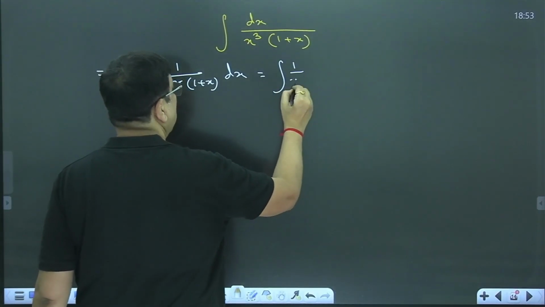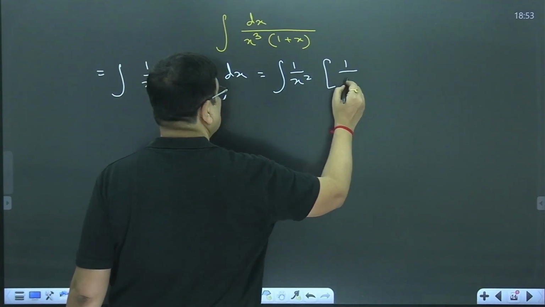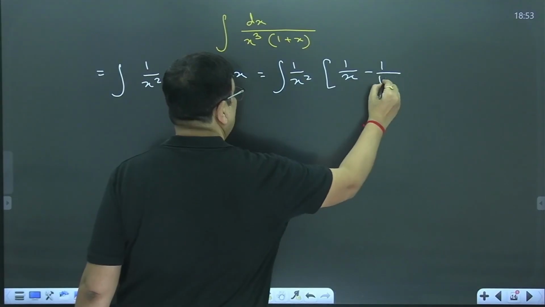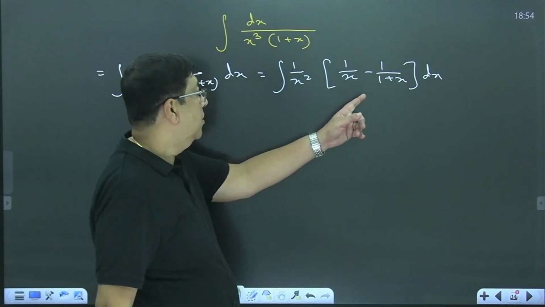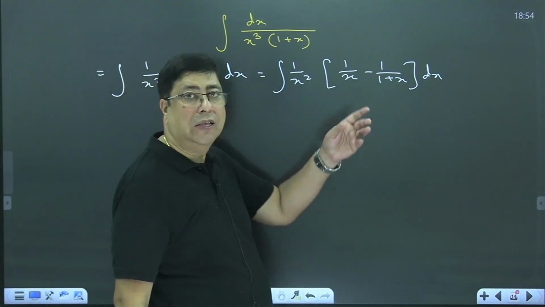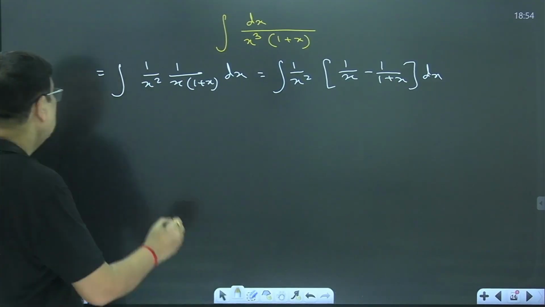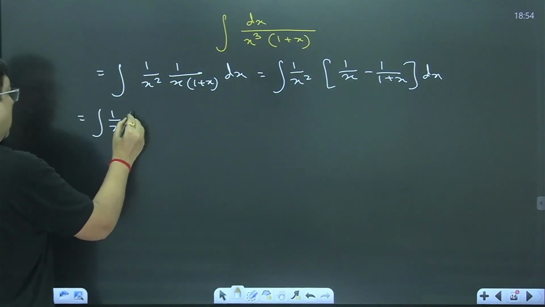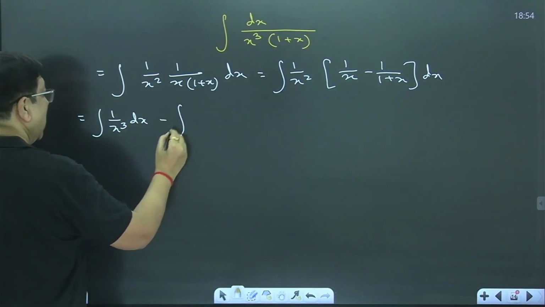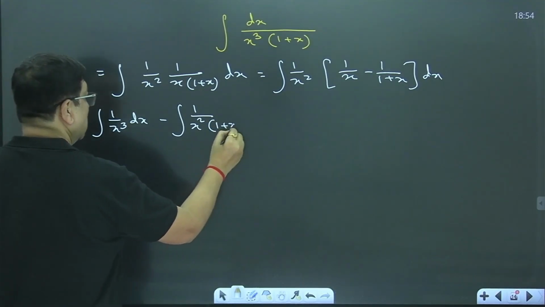So 1 by x square into, I can write here, 1 by x minus 1 by 1 plus x. You check once, if we calculate, 1 plus x minus x, the numerator is coming 1. Here the numerator is coming 1. Now we can separate continuously like this. So 1 by x cube dx minus, once again, 1 by x square into 1 plus x.